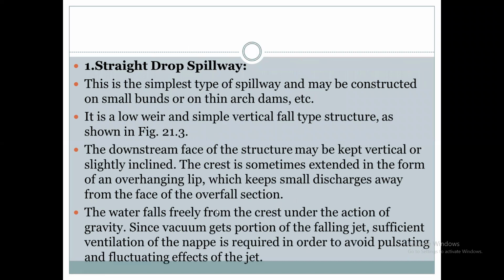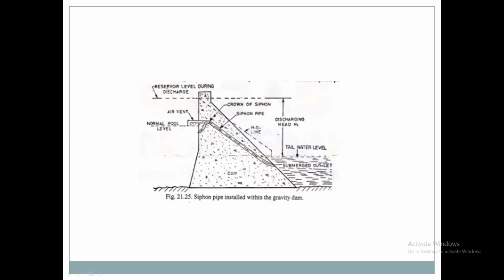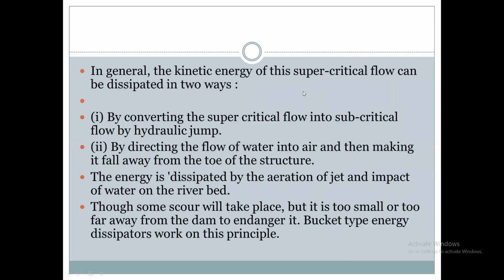This is the side channel spillway. Shaft spillway. This is the shaft spillway. Siphon spillway. These are the 6 types of spillways that you have seen in the last lecture.